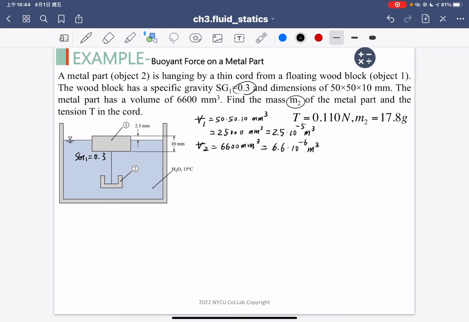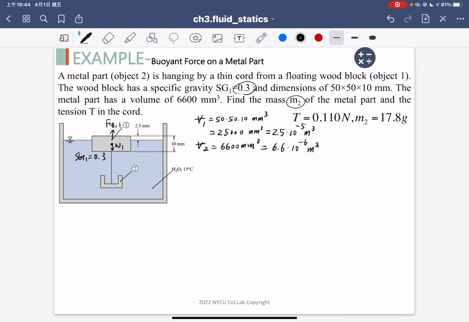So I just plot the free body diagrams. For object 1, we have the weight downward, right? And we should have the upward force based on the buoyancy force. So I use FB1, the buoyancy force, upward.